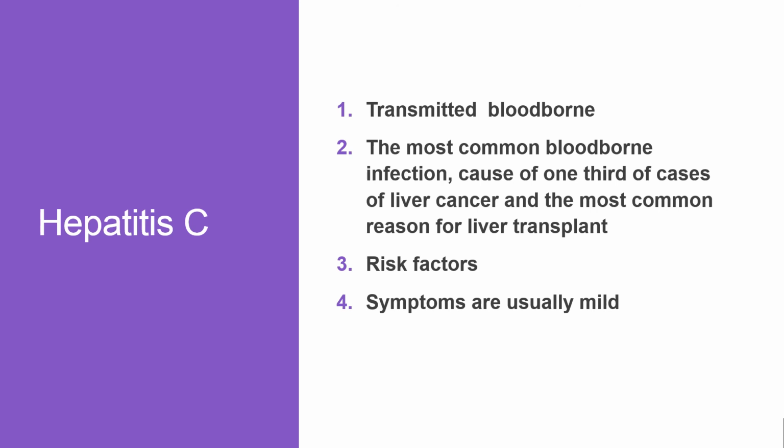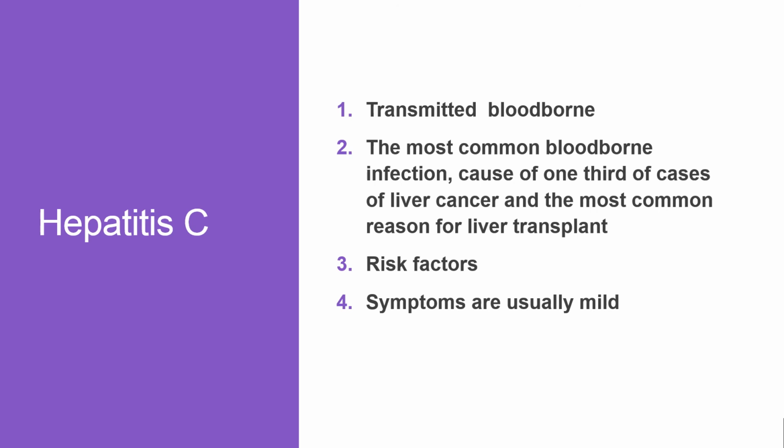Risk factors: blood transfusions or organ transplants before 1992, sexual contact, sharing contaminated needles, IV or injection of drugs by substance abusers, not keeping with asepsis technique, and unintentional needle sticks.